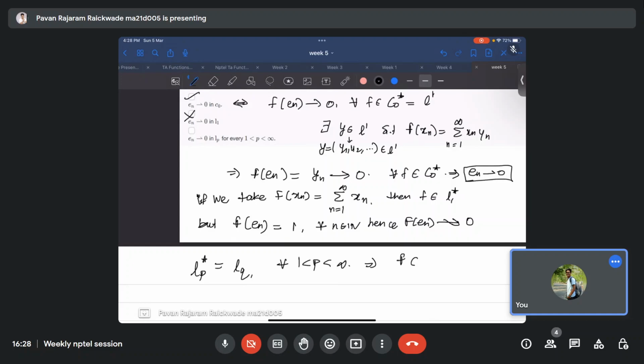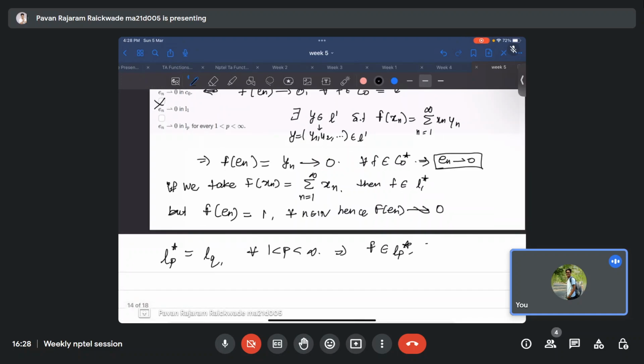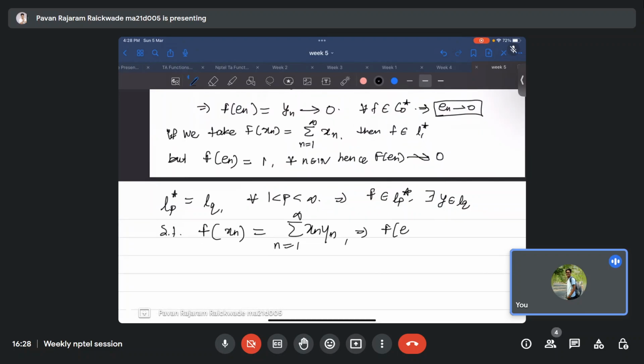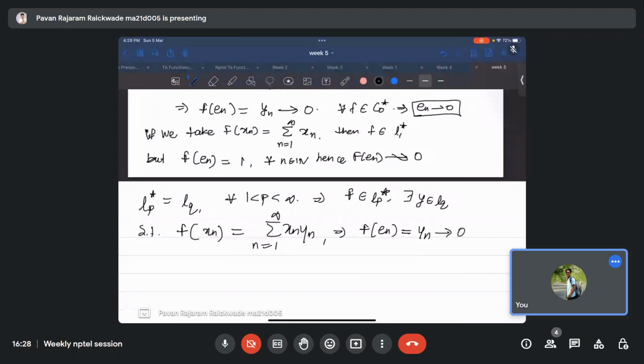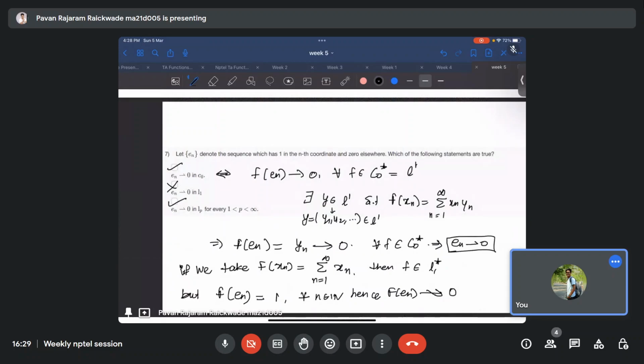So if we take any f belonging to Lp star, there exists some y belonging to Lq such that f of x equals the summation of xn yn, going from 1 to infinity. So f of en will be equal to yn, right? But since y belongs to Lq, this goes to 0. This implies en converges weakly to 0 in Lp for all p from 1 to infinity. So seventh is settled.